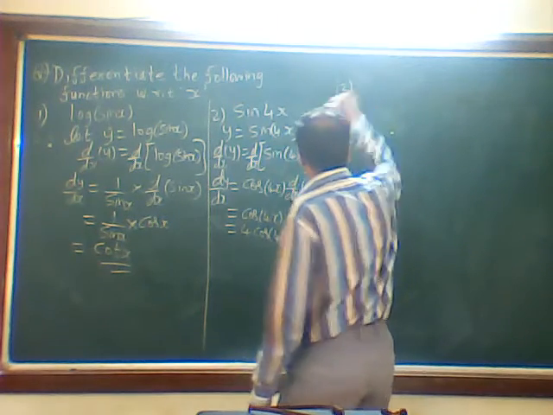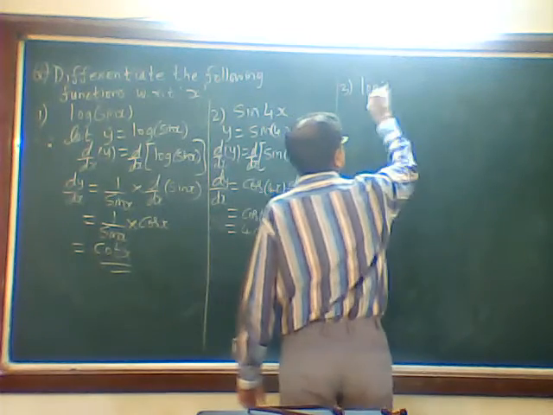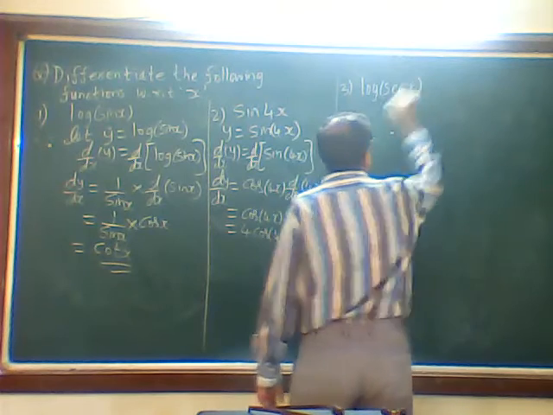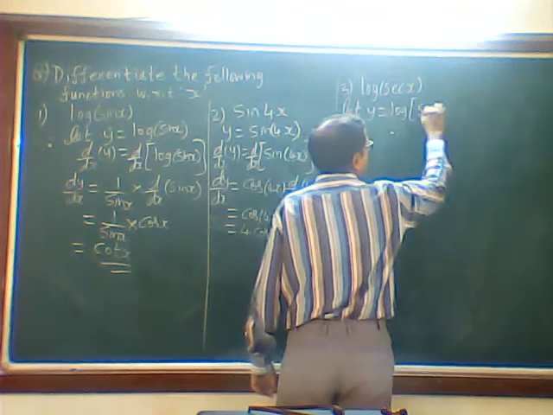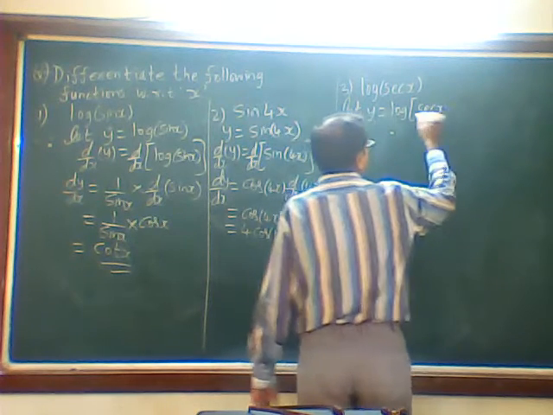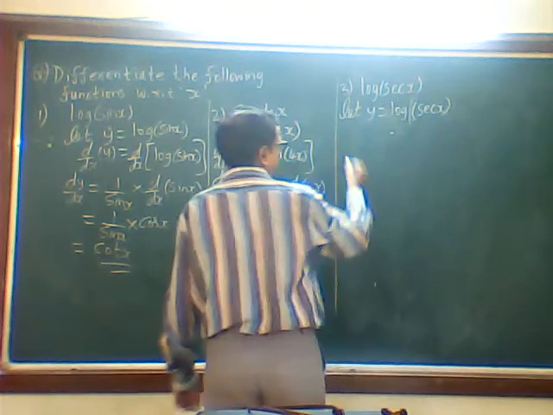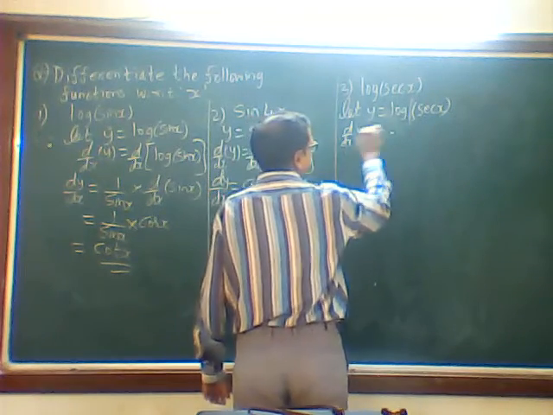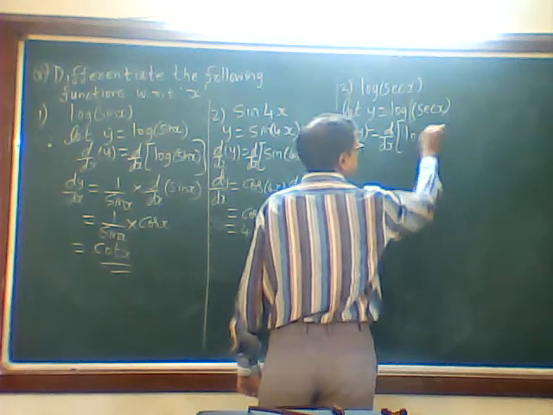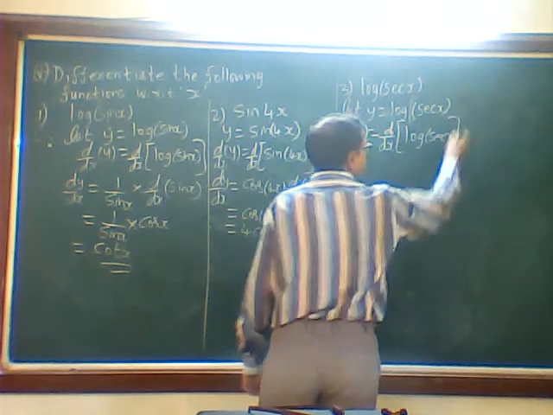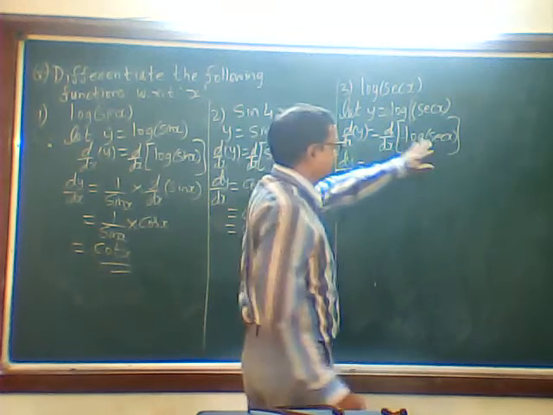Third example, log of sec x. Again, let y is equal to log of sec x. I am writing this way. Now d by dx on both the sides. Now d by dx of log sec x.